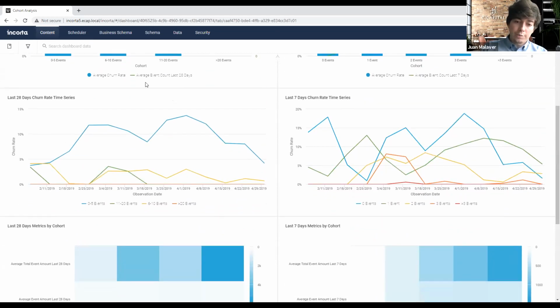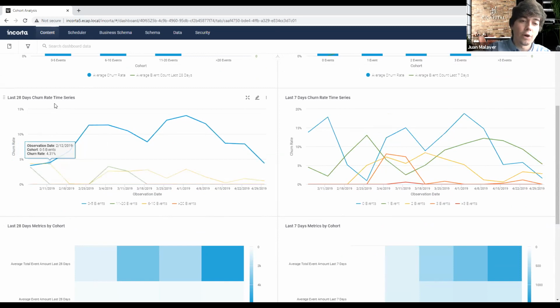The column chart that we just looked at was an aggregated view for the whole period, February through April, but we can also drill down and look at the churn rates for all the different observation dates within this period. Each of the different lines represents each of the different cohorts that are defined by the number of events in the last 28 days, last 7 days. And what we can see here is exactly the same thing that we saw earlier, just on a linear basis.